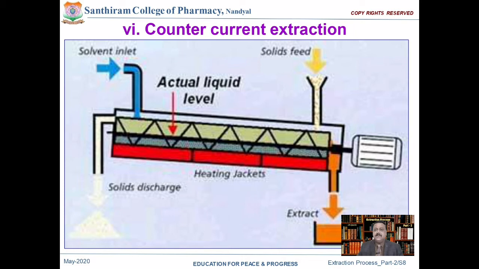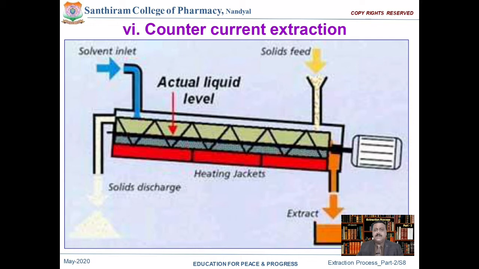substance or sample material which is fed into the tank towards the upward inclination, right, and you can see the solvent is allowed to flow in the opposite direction because of the inclination, right, through the tank.